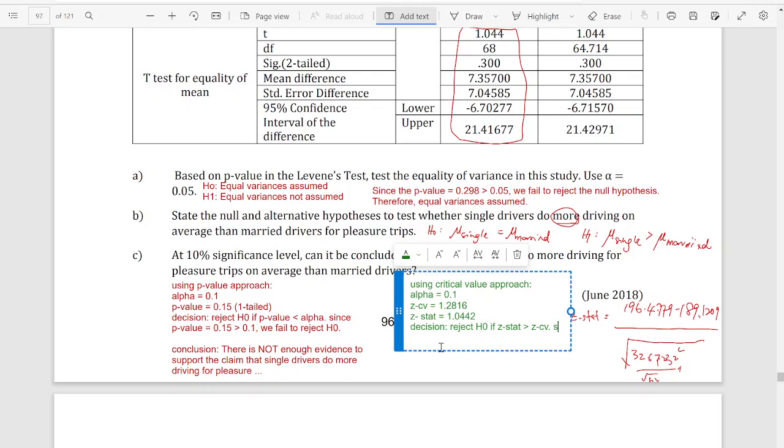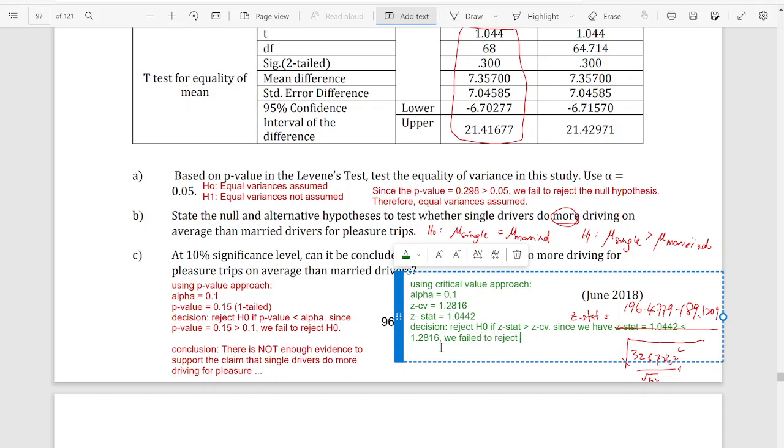So in this situation, since we have Z stat equal to 1.0442, which is less than the critical value of 1.2816, in this case we fail to reject H naught.